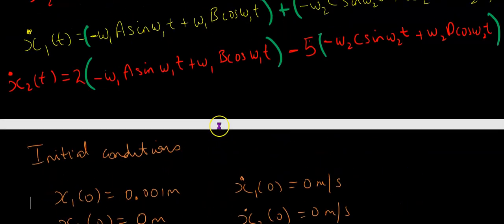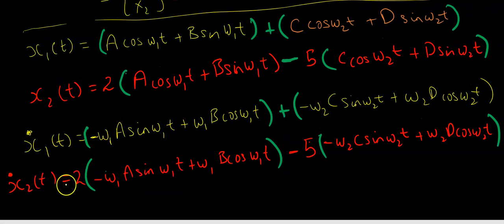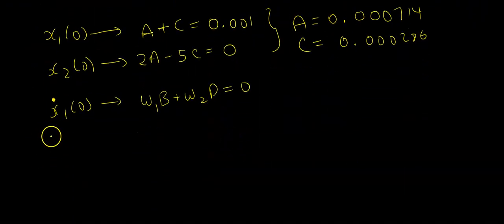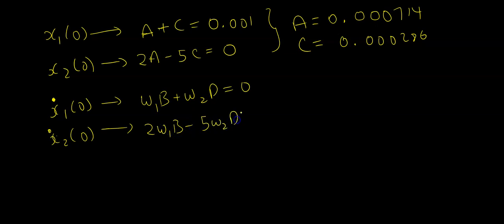And then if I look at x2 dot 0, naturally it's just going to be 2 multiplied by omega 1 b because this goes to 0, and it's going to be minus 5 multiplied by omega 2 d because this goes to 0. So again, very simple. So it's going to be 2 omega 1 b minus 5 omega 2 d is equal to 0.